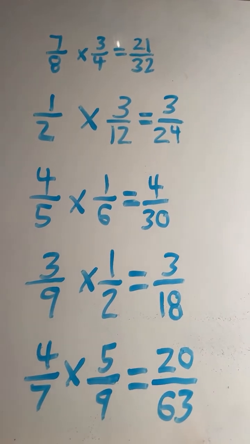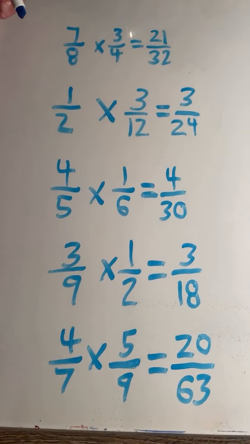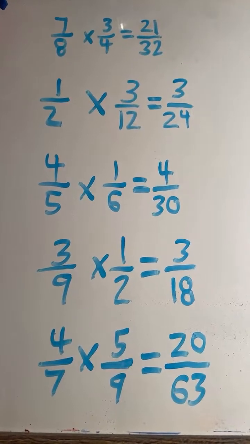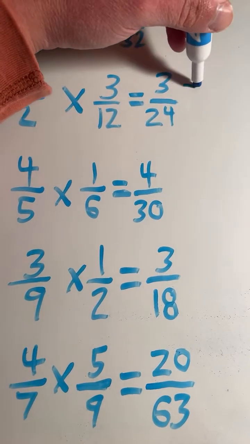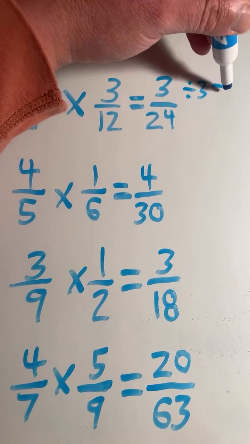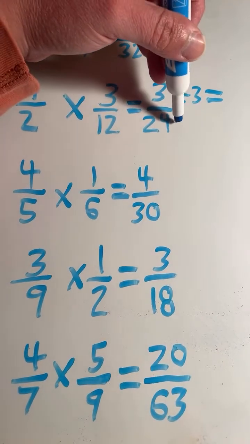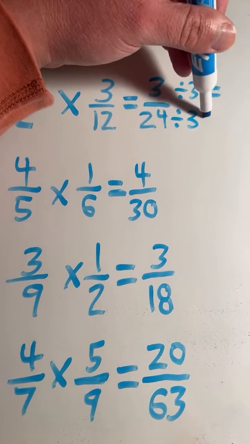Okay. 3/24 I'm going to reduce to lowest terms. So I'm going to divide the numerator and the denominator in 3/24 by the greatest common factor. The greatest common factor is 3. So we're going to do 3 divided by 3 to find our new numerator. Then we are going to do 24 divided by 3. Somebody just put an answer in the chat.